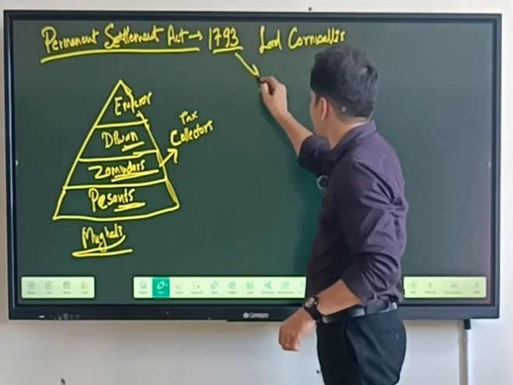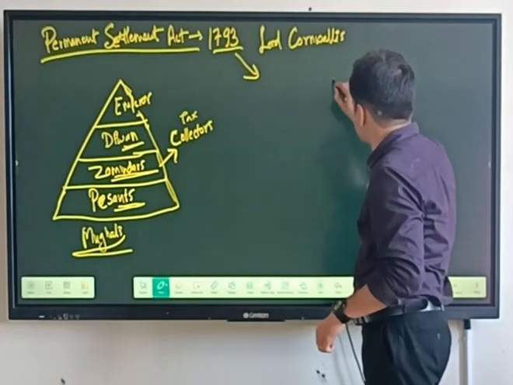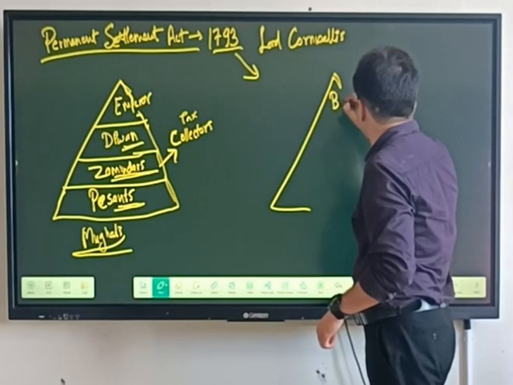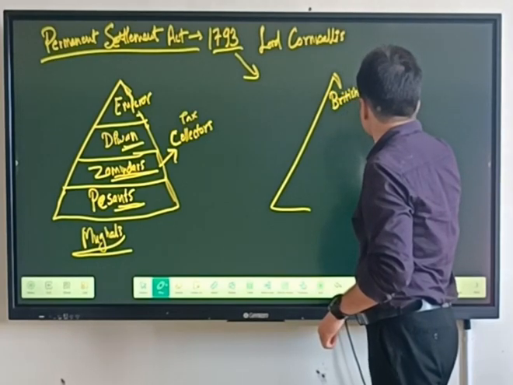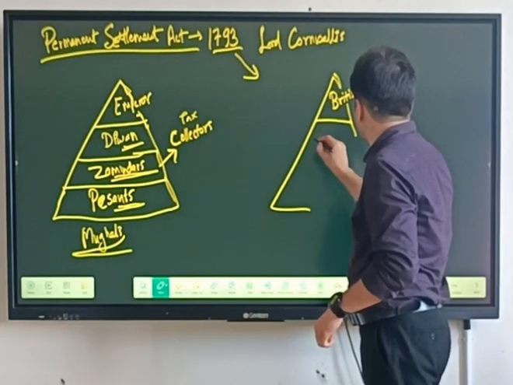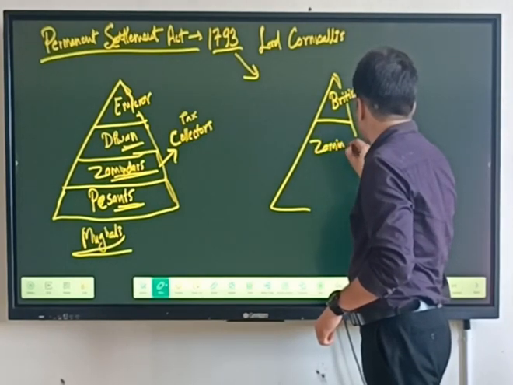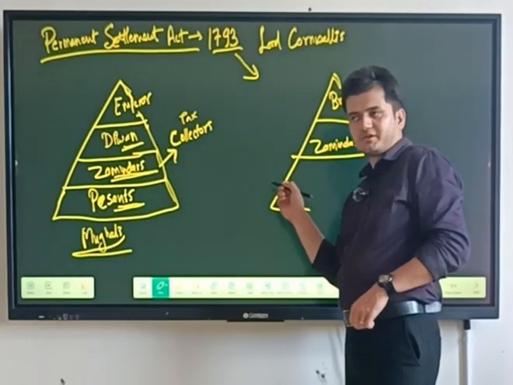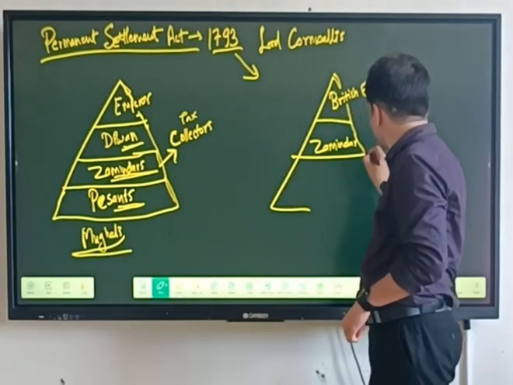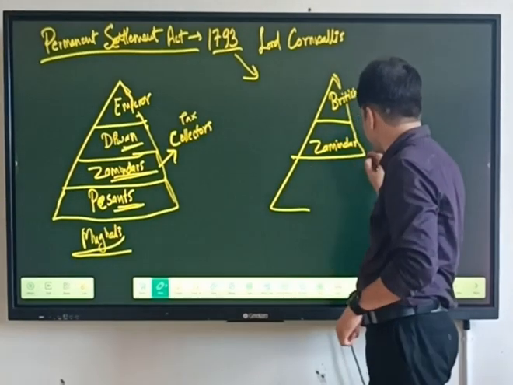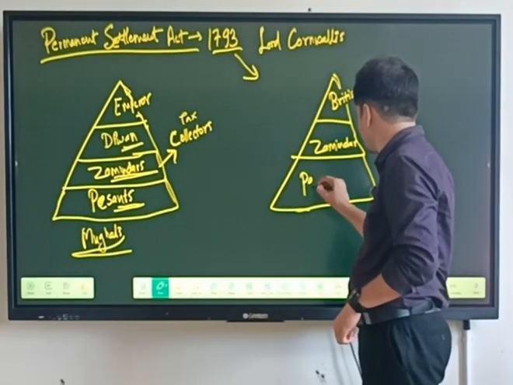But when this act was introduced, something changed. So at the top we had British East India Company, and then Zamindar. So in the middle there were Zamindars who used to collect taxes from the peasants.